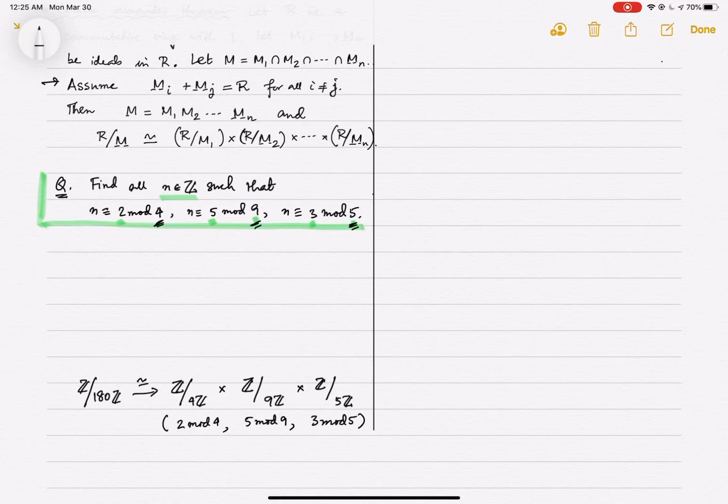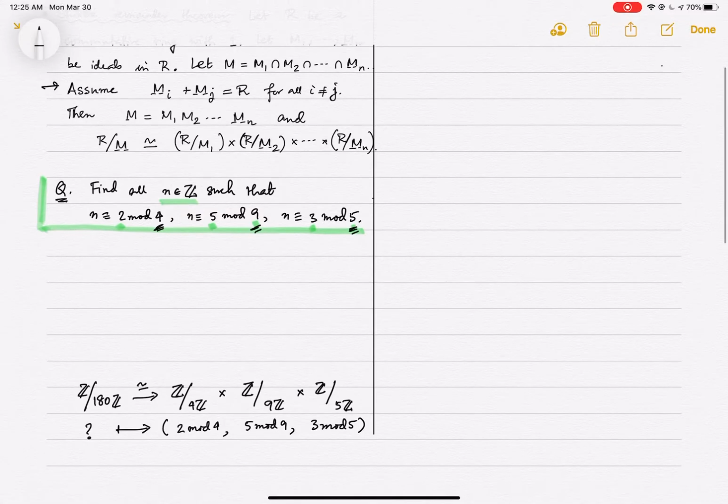And can you find me a number here which maps to this? And the answer is yes, because these things are isomorphic by the Chinese remainder theorem. By the way, this isomorphism is the statement of the Chinese remainder theorem for integers.